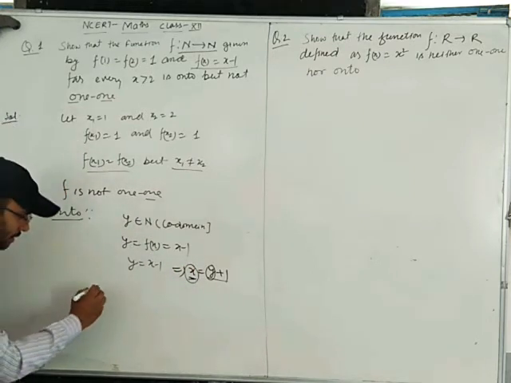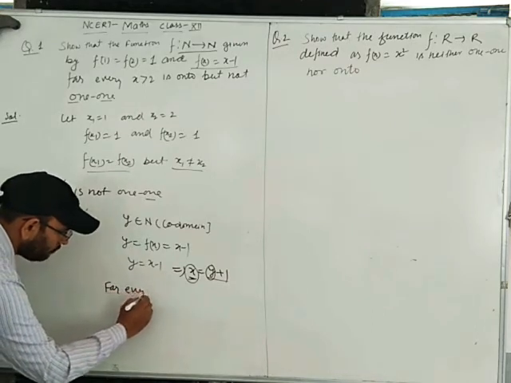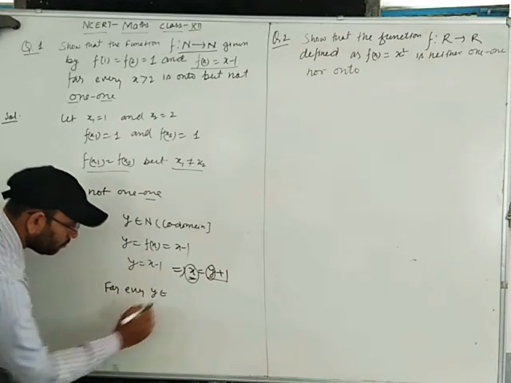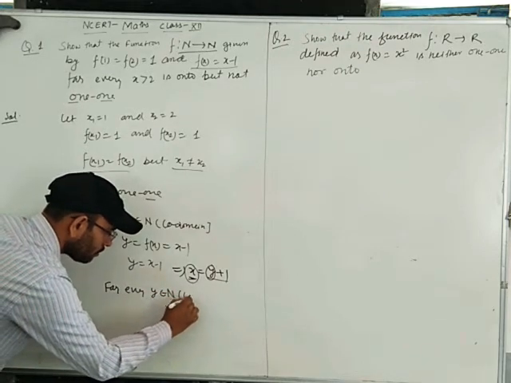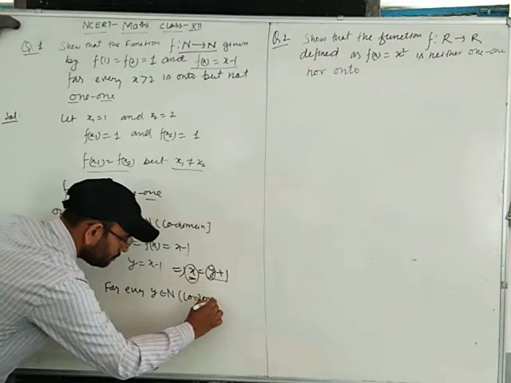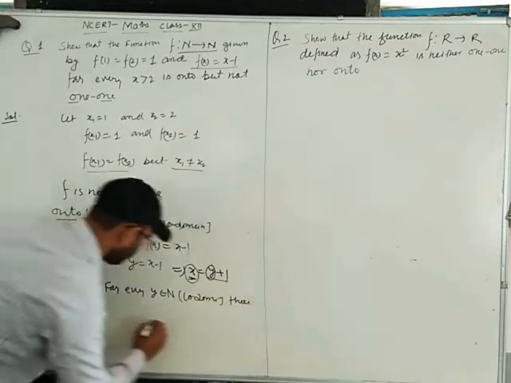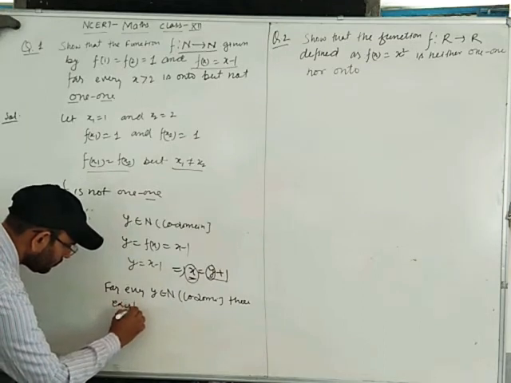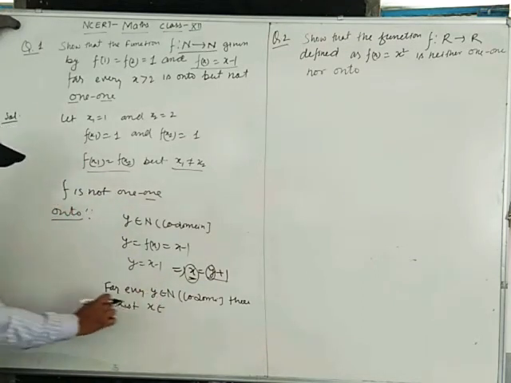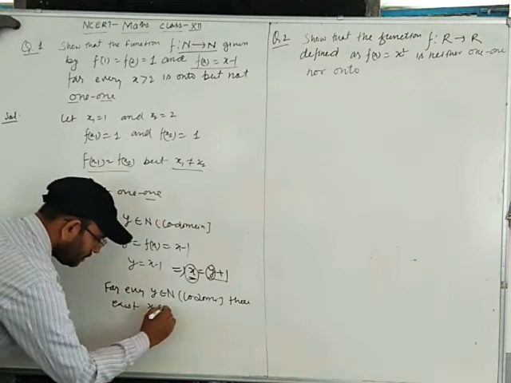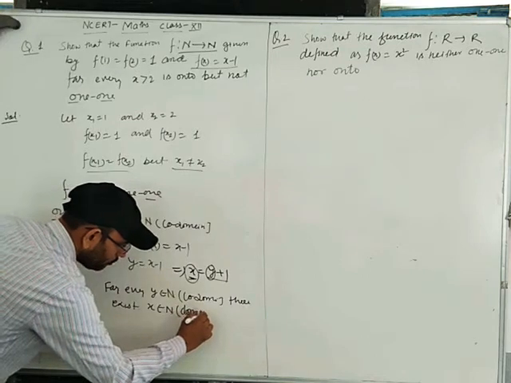So we can say for every y, an element of natural number codomain, there exists x, a natural number from the domain.